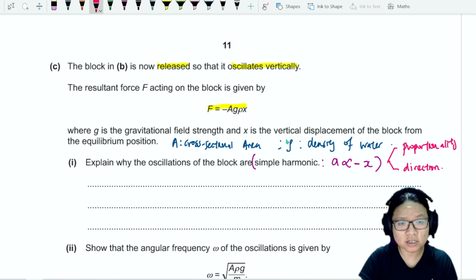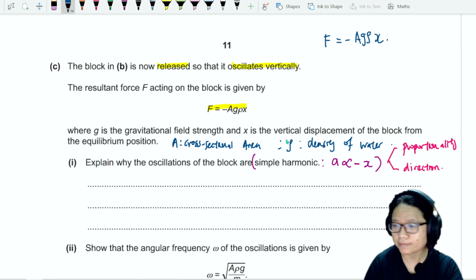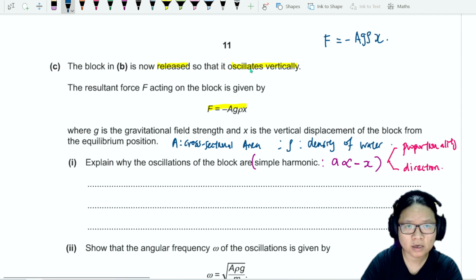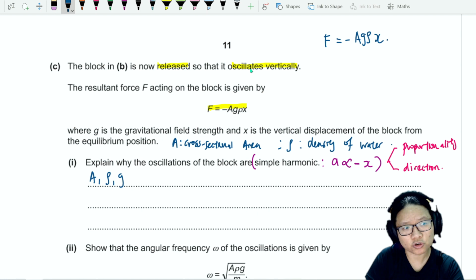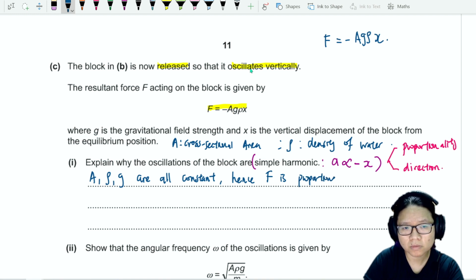First, I need to invite A into the equation. I'm just going to write here very quickly as a draft: F = A g rho x. A, rho, and g are all constant, hence the force F, or the resultant force, is proportional to the displacement.